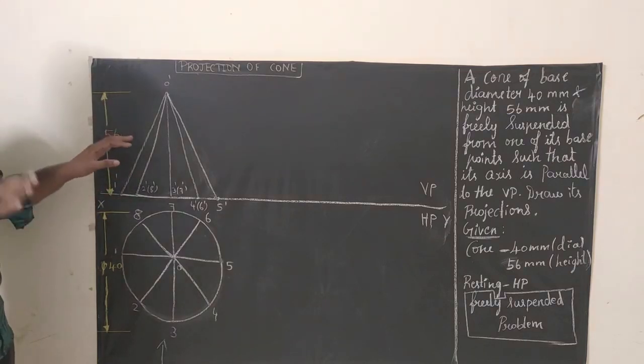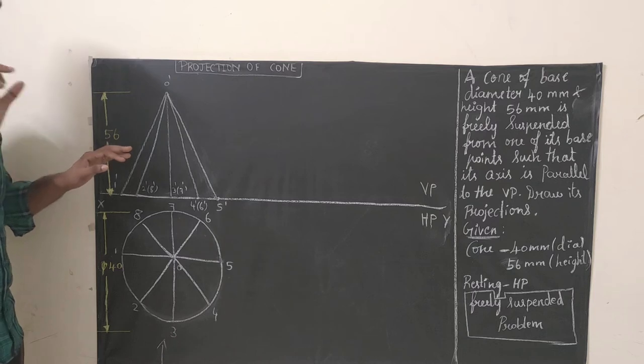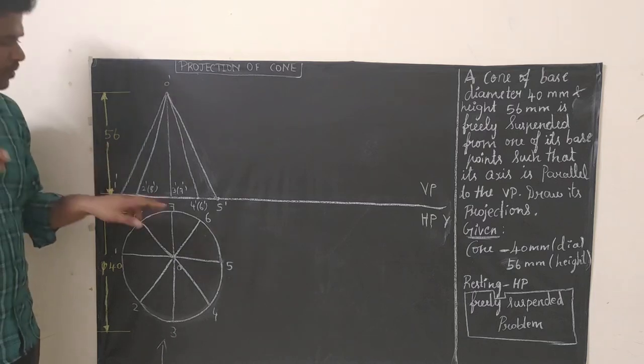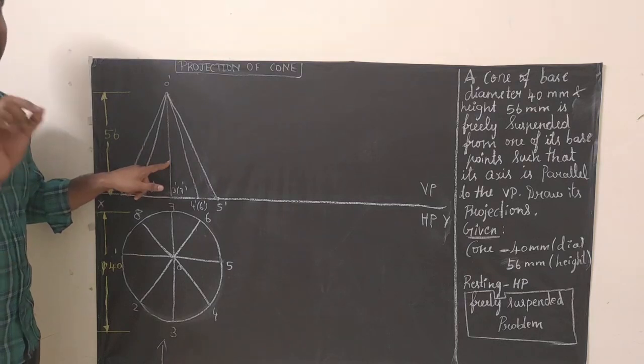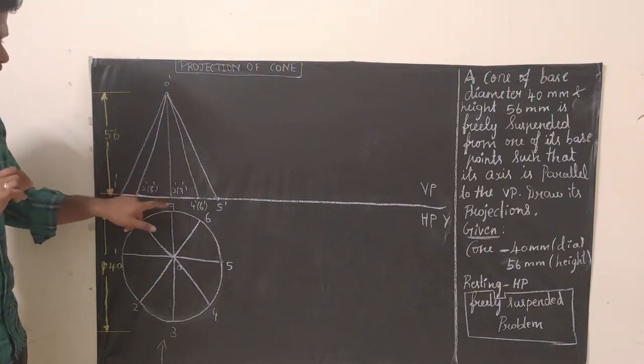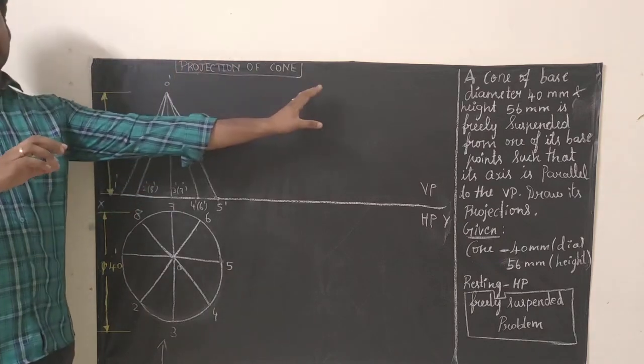If your height is 56 mm, 56 divided by 4, you get 14 mm. So from this point, 14 mm, 1.4 centimeter, you get the center of gravity. I will mark it here and explain how to mark it and how to transfer it.